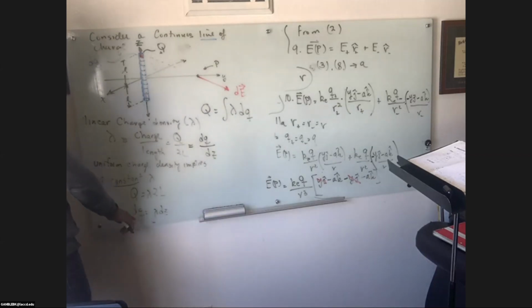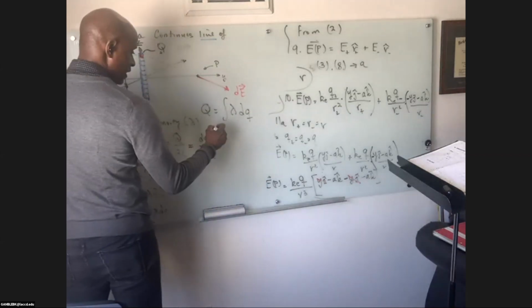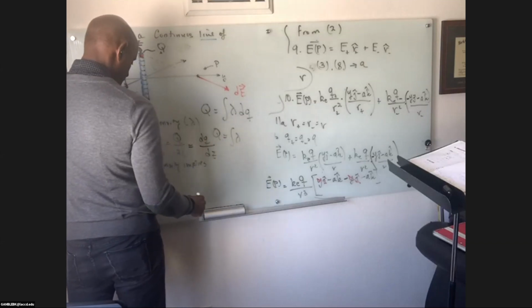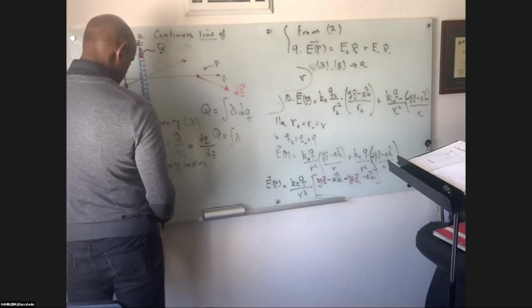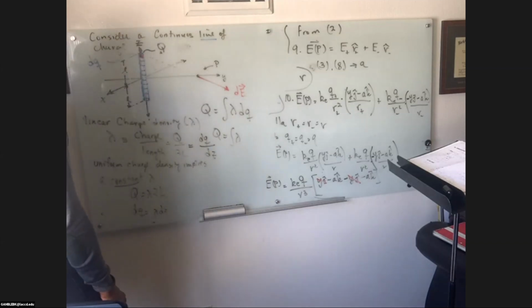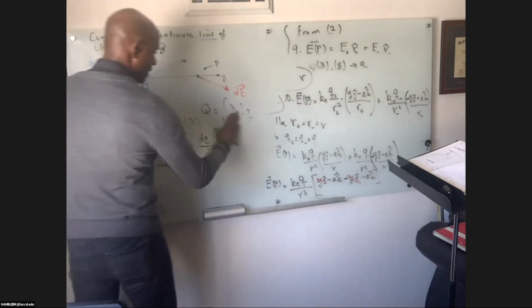So a very easy problem is this. Q then is equal to lambda L, and dq is... sorry, no, my bad.